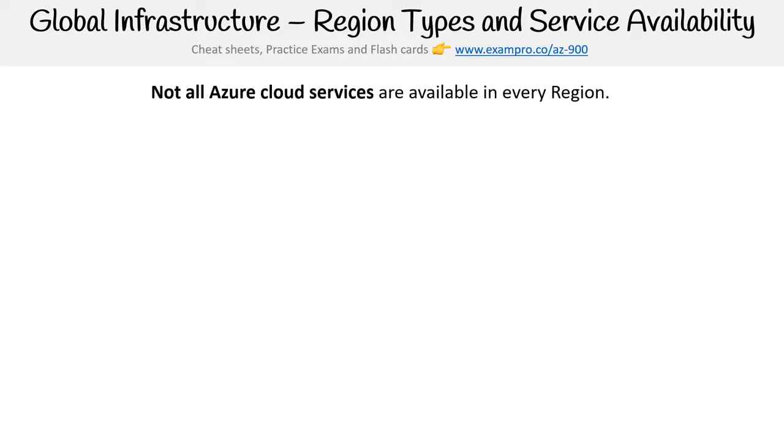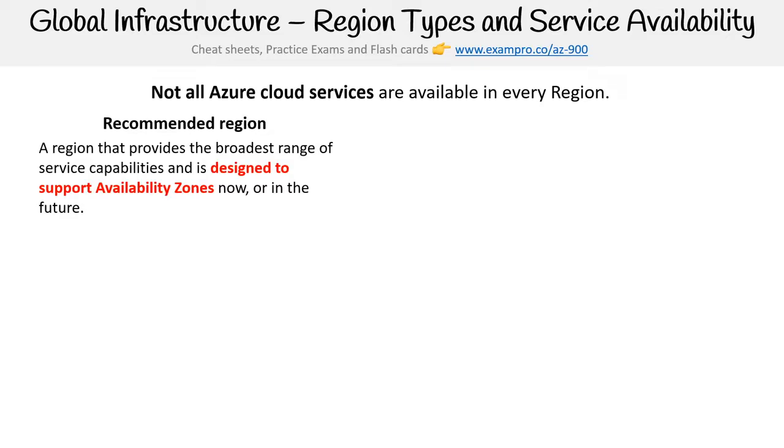Hey, this is Andrew Brown from Exam Pro, and we are looking at region types and service availability for Azure. What I want you to know about service availability regarding regions is that not all cloud services are available in every single region. There are infrastructure reasons as to why, and there are compliance reasons as to why. Azure has two types of regions. They have recommended regions. These are regions that provide the broadest range of service capabilities.